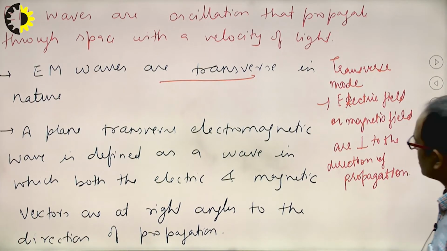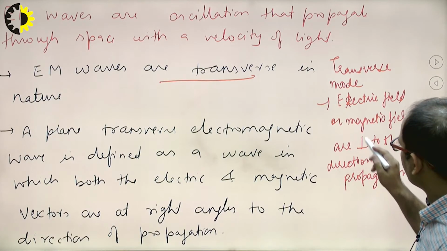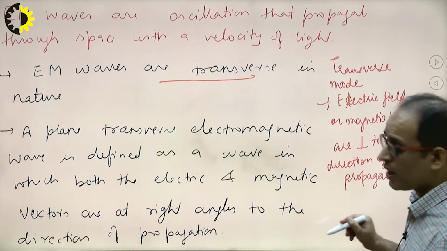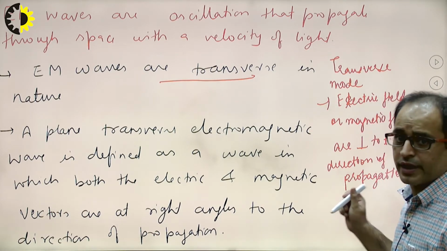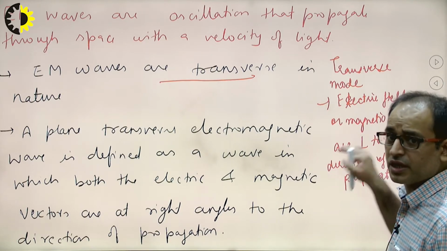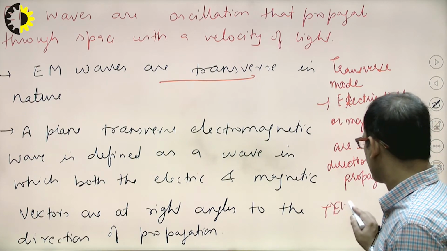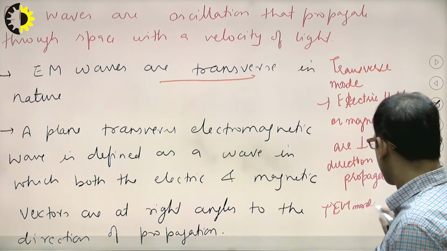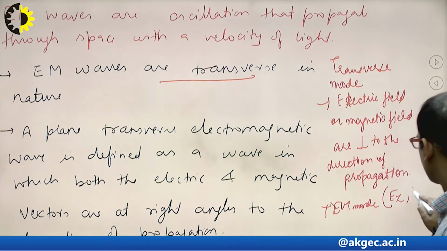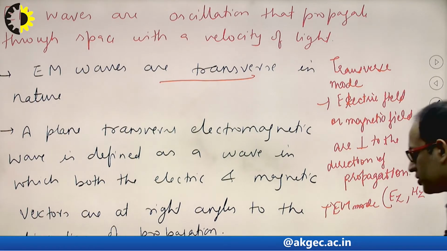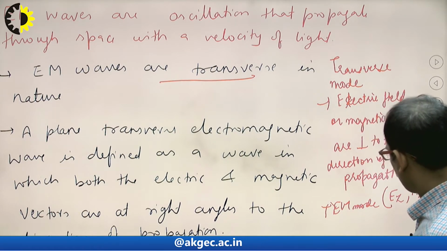Clear? Now see, if electric field and magnetic field are both perpendicular to the direction of propagation, that means they are not in the direction of propagation. That mode is known as the TEM mode, in which Ez and Hz are both equal to 0.